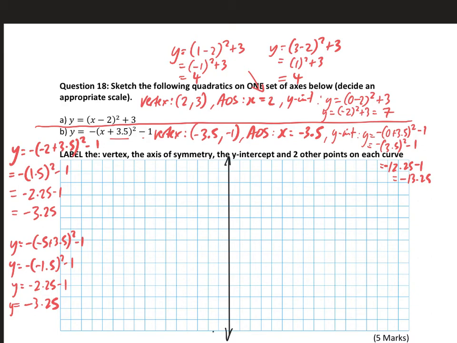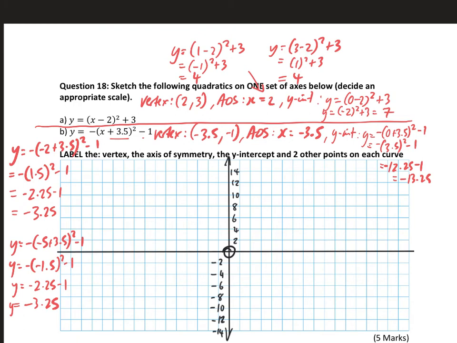So let's go negative 14, negative 12, negative 10, negative 8, negative 6, negative 4, negative 2. Origin there, 2, 4, 6, 8, 10, 12, 14. Let's go 2, 4, 6, 8, 10, 12. Bit too much on the y-axis above, but we're going to fit the graph on here, so that's fine.